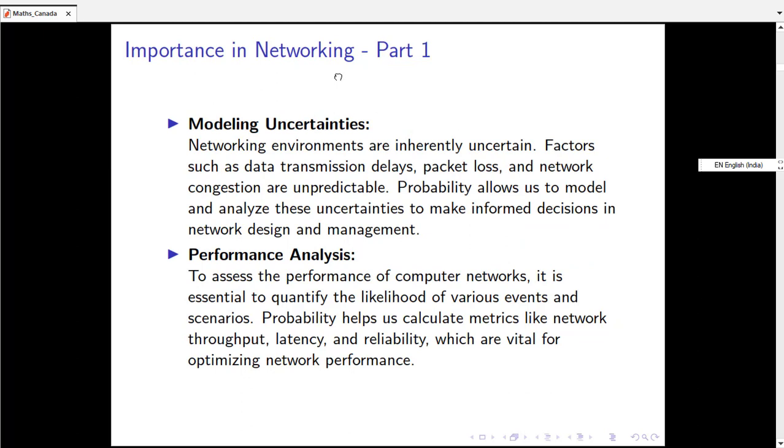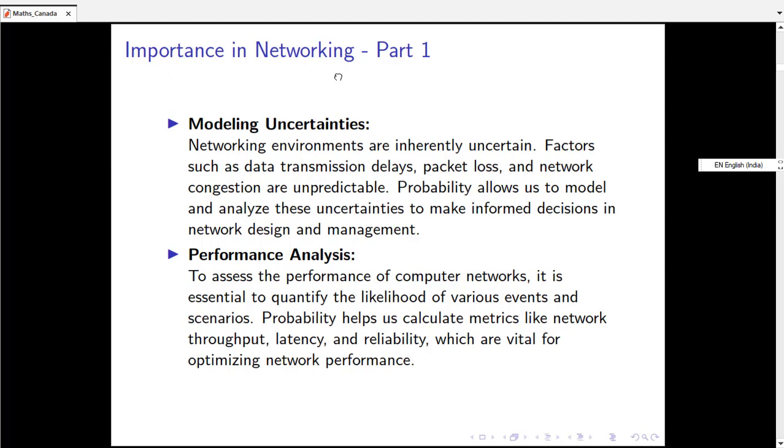Now, modeling uncertainties. Networking environments are really not in a regular pattern. Multiple factors affect this, like transmission delays, loss of some packets, and network traffic. These are unpredictable, as I told previously, especially in peak hours.